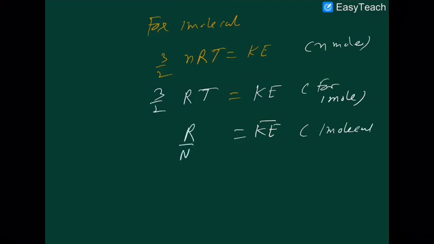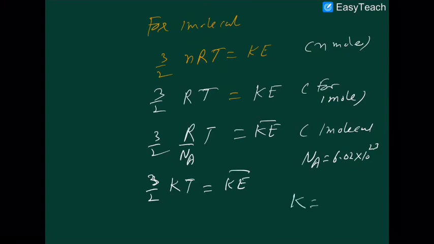For 1 molecule, you divide the value by Avogadro number. What is Avogadro number? 6.02 into 10 power 23. So it is 3 by 2 kT, where k is called the Boltzmann constant.